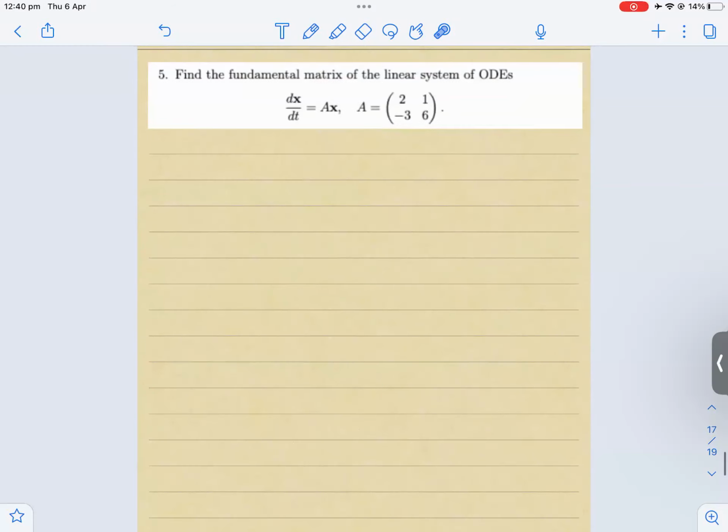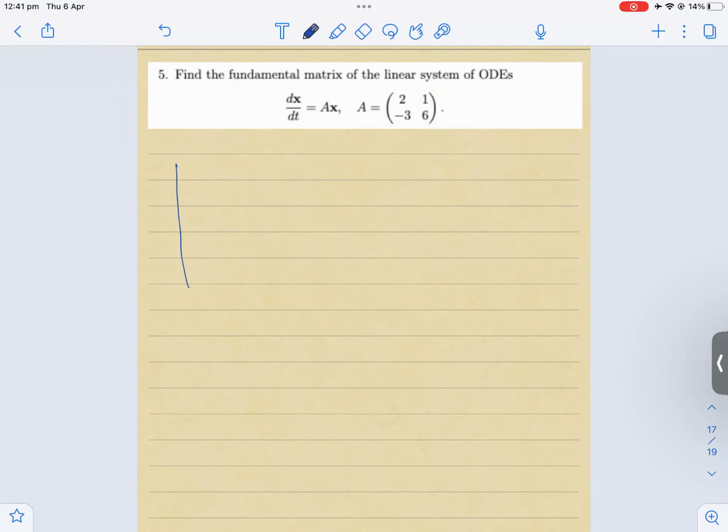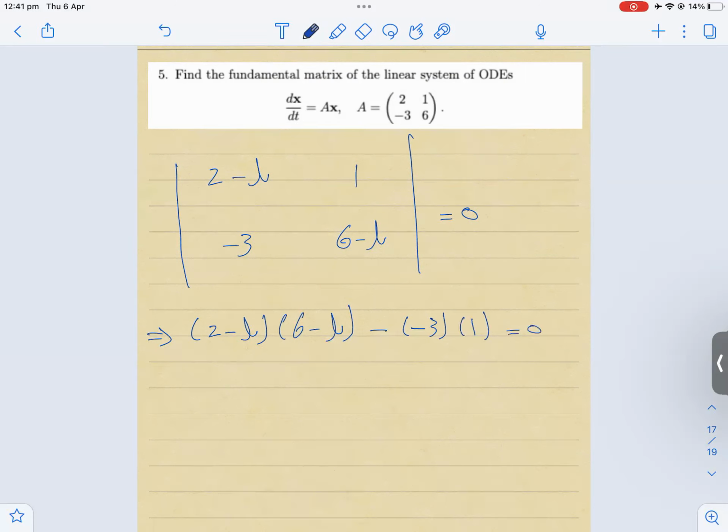Okay, let's go to another question. This one. Determinant of this, 2, 1. 2 minus lambda, 1, minus 3, 6 minus lambda equals 0. Therefore, 2 minus lambda times 6 minus lambda, this will be minus minus 3 plus 1... equal 0.